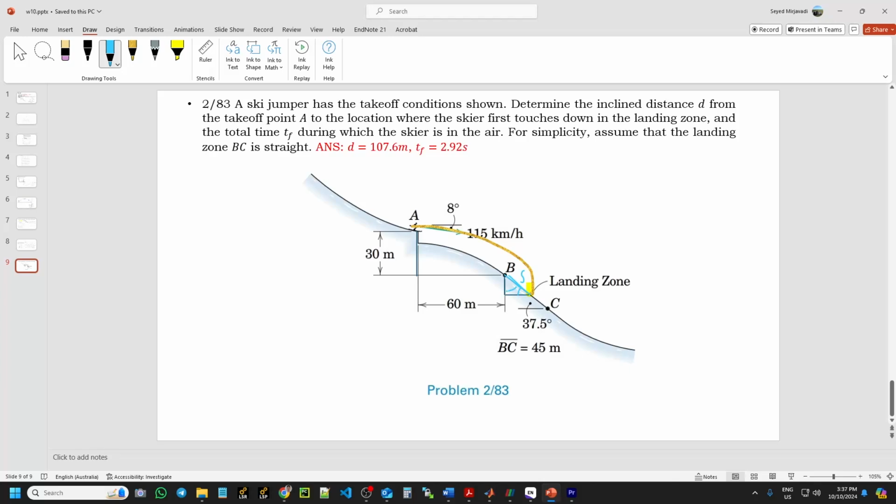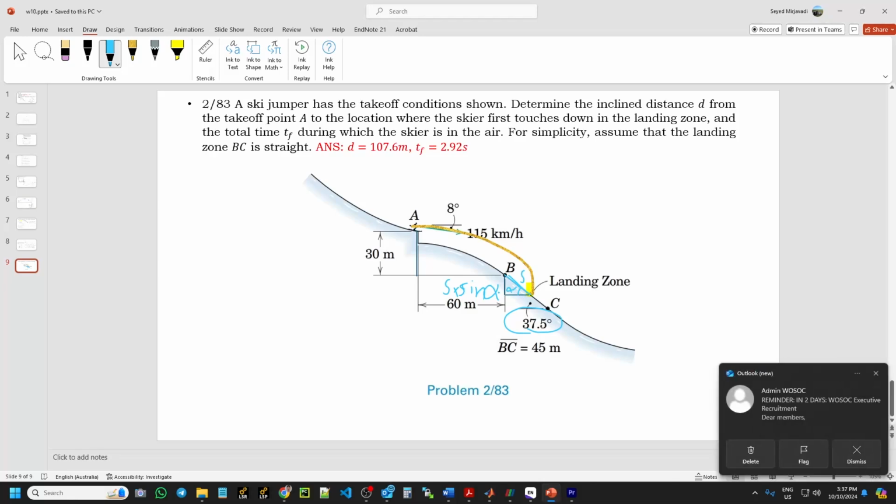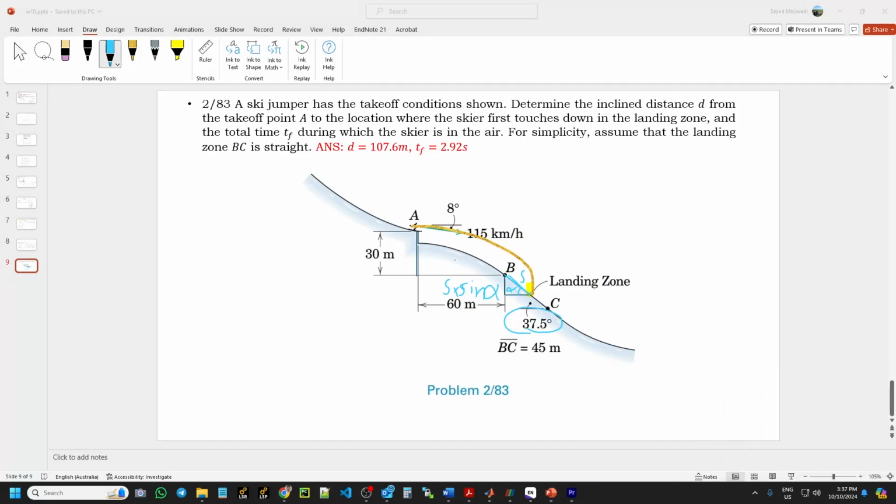And if this is alpha, it will be S sine alpha, and alpha is 37.5. So from A to this point, we have 30 plus S sine alpha.